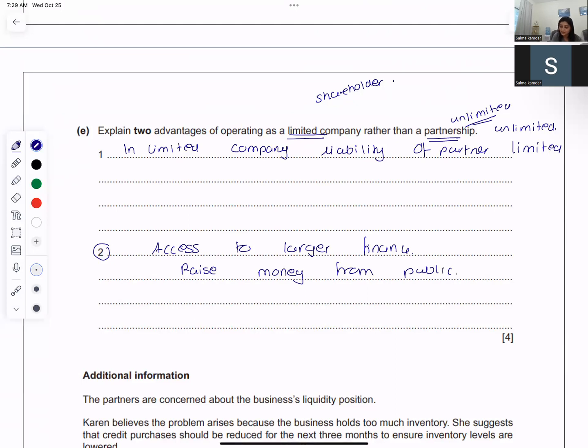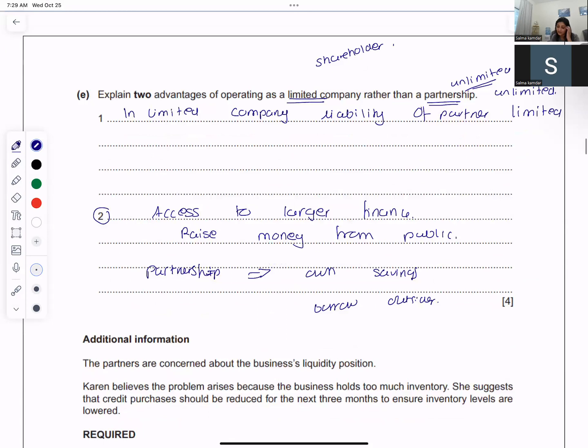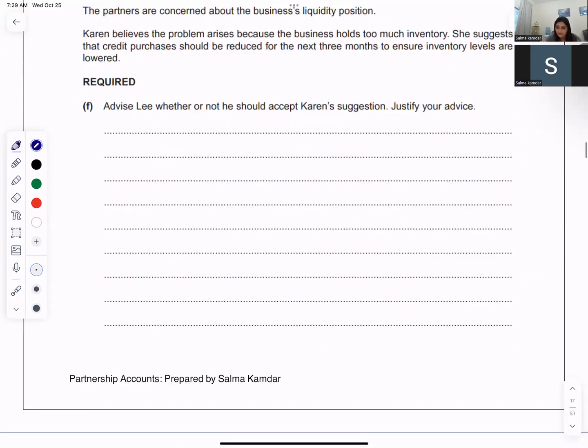Whereas in a partnership, all the finance has to be arranged either from your own savings or by borrowing money from outsiders. But in a limited company, you can borrow additional finance.